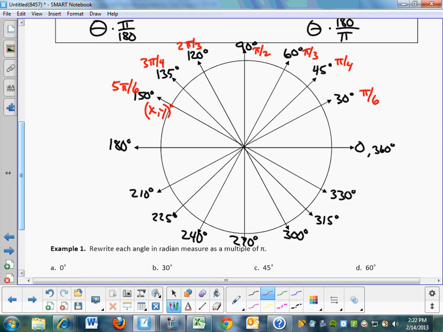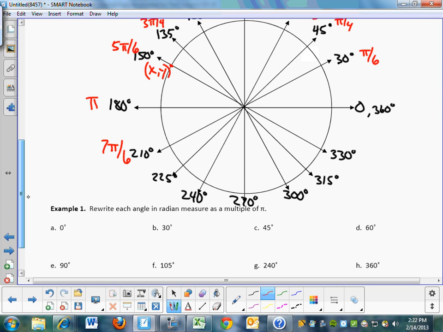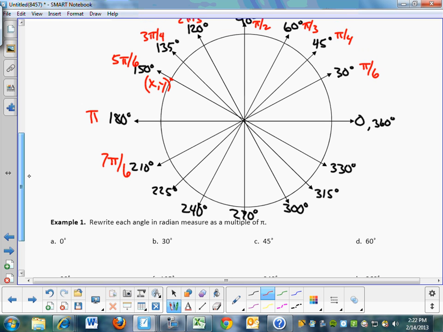And every single one hereafter is exactly 180 degrees opposite from another angle, right? And so all you need to do is just add on pi to the previous value. So 0 plus pi is pi. Pi over 6 plus pi, or pi over 6 plus 6 pi over 6 is how many pi's over 6? 7 pi over 6. Pi over 4 plus 4 pi over 4 is 5 pi over 4.